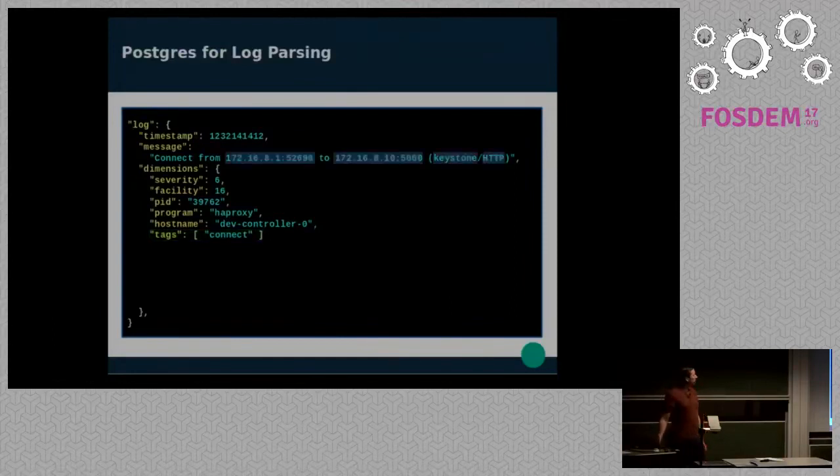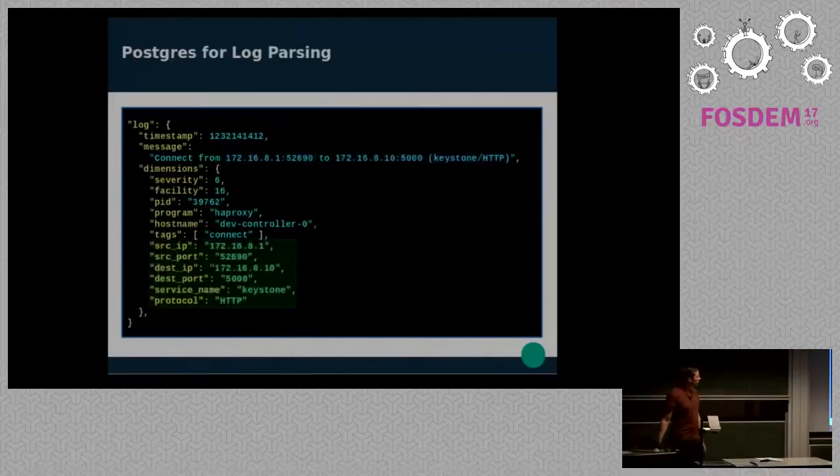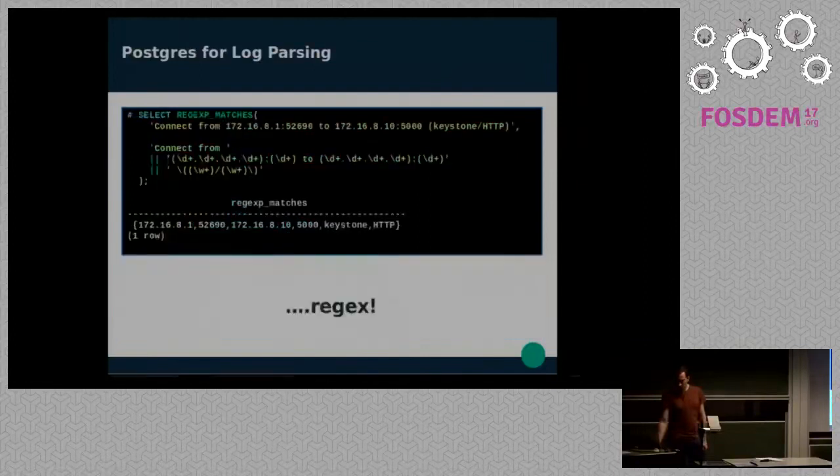We then want to get all of this data out, and we want to store it in a structured way, so we can search for a service name or protocol. And it's nice and reliable and robust, and we're not doing horrible regexes all over the place. Shouldn't have said that, because we are going to use horrible regexes to do this. But Postgres can do regexes.